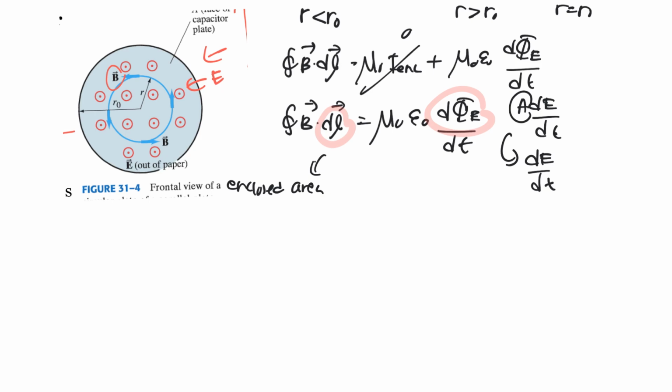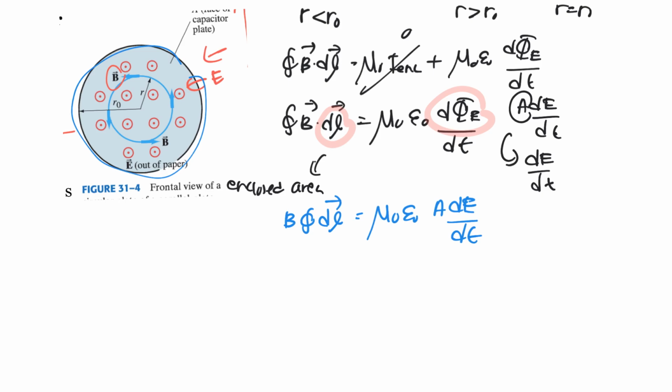Because we choose a circle shape, we are going to have a uniform magnetic field. So it's going to be B enclosed dl equals mu naught epsilon naught A dE over dt.